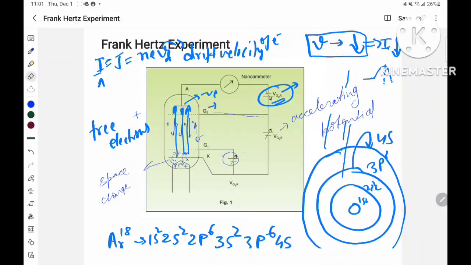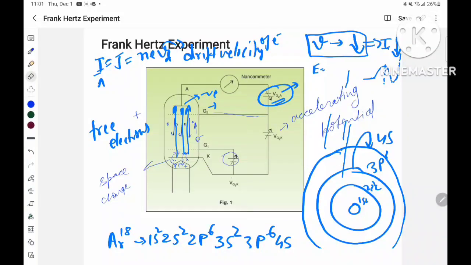This will continue for some time, and then if you give more and more energy, the electron energy will again start increasing and the current will also start increasing. This continues for some more time as you give energy.